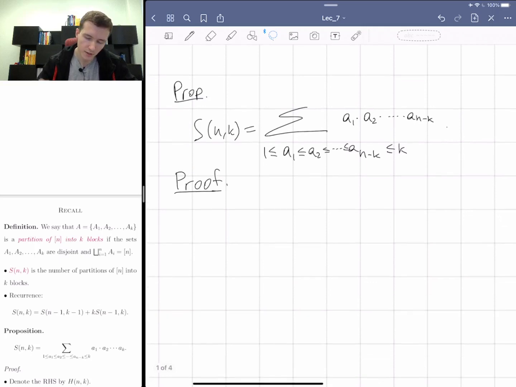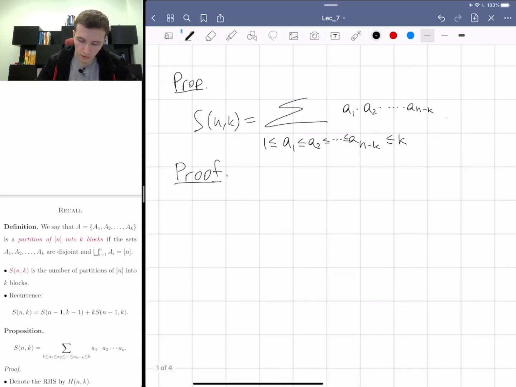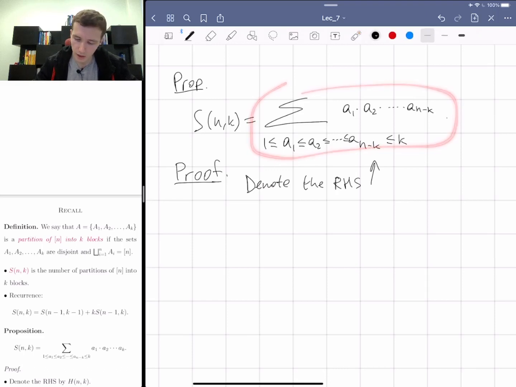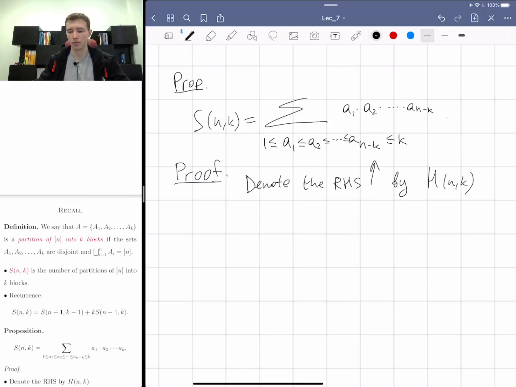Yeah, the idea is that, okay, let's denote this right hand side here by h of n comma k. So the goal is to prove that h of n comma k is equal to s of n comma k, and the idea is to find a recurrence for h of n comma k.